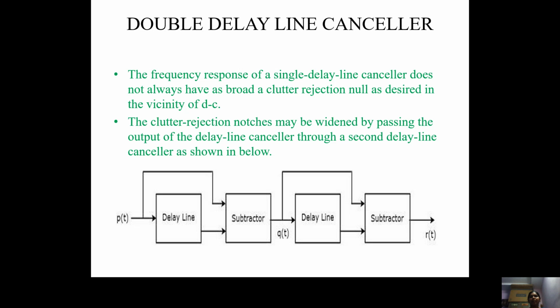But with a single delay line canceller, the clutter rejection is not accurate enough for our usage. That is why we use two delay lines to avoid the clutter in an efficient way. The clutter rejection notches may be widened by passing the output of the delay line canceller to a second delay line canceller, as shown here.